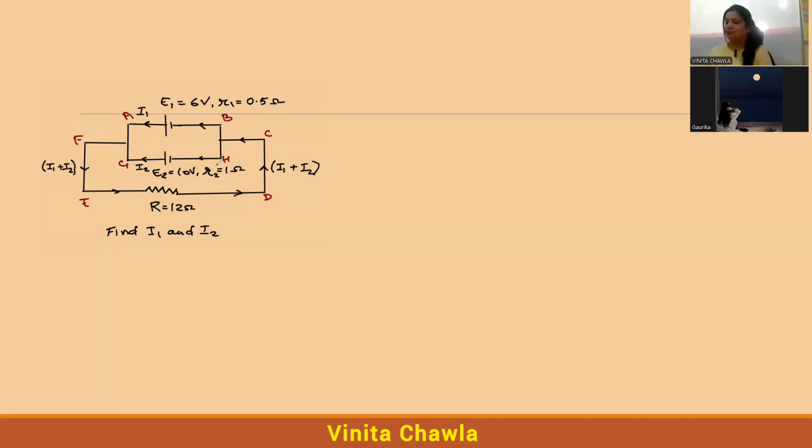Now consider the loop A, B, C, D, E, F, A. See, when we consider loop now, we write like this. We start from A and we end at A only. It shows that we are considering something which is closed. Okay. So let's start from this. Let's go in this direction. We are moving in this direction.